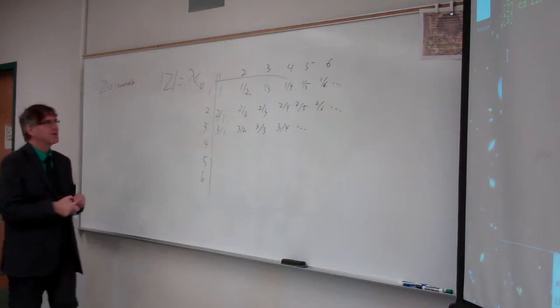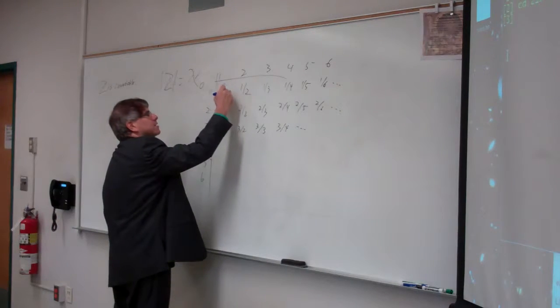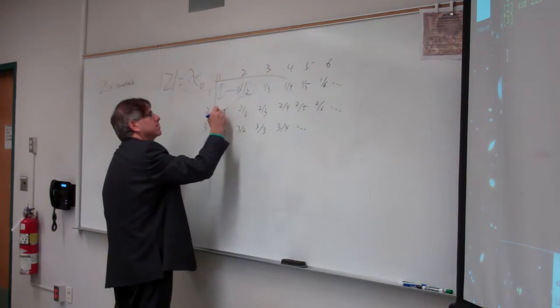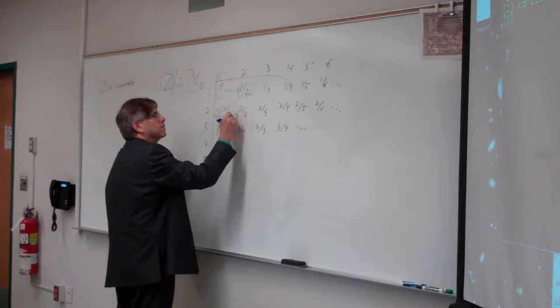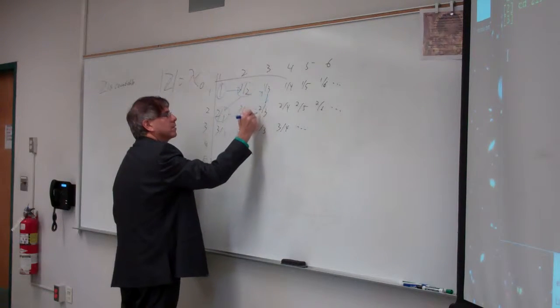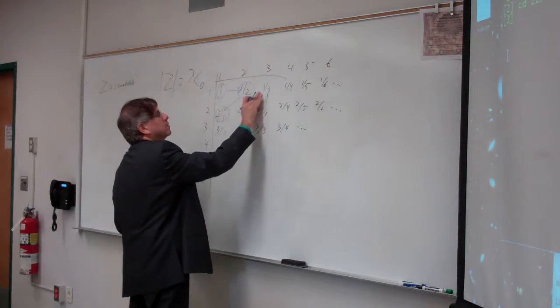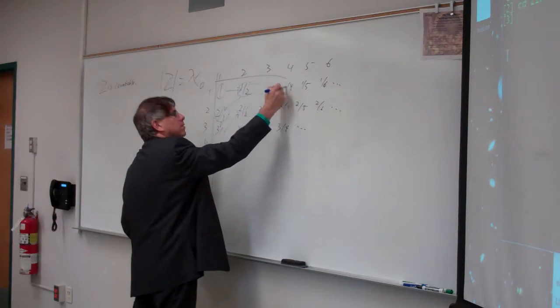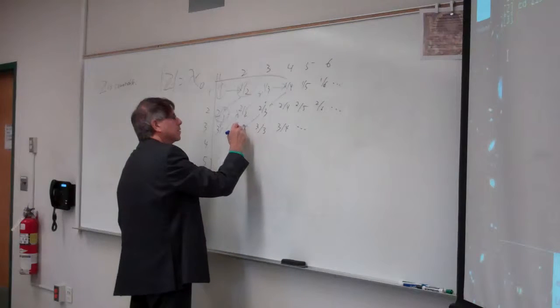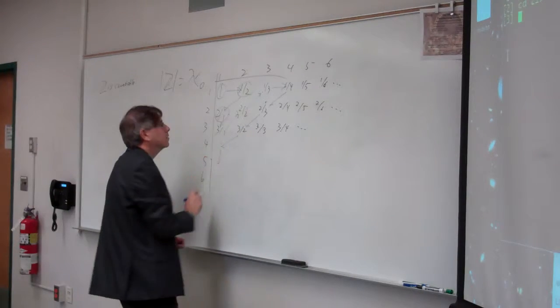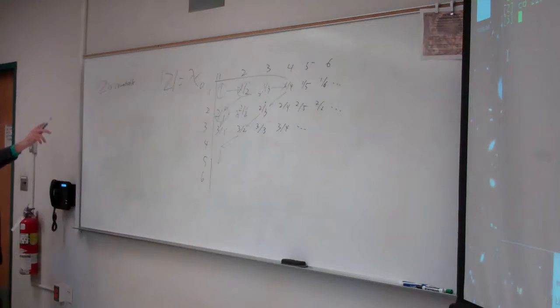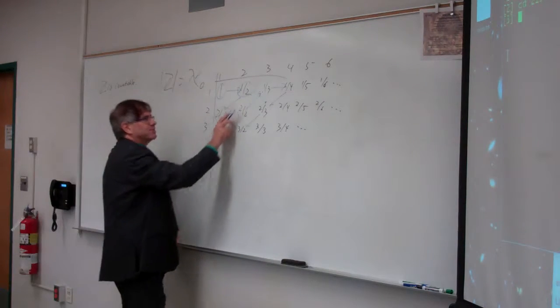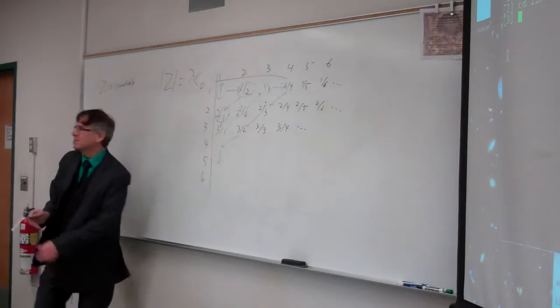And we can order the rationals by doing this diagonalization trick. Right, so we move over and we come down the diagonal, we move down, we go up the next diagonal, we move over, we come down the next diagonal.